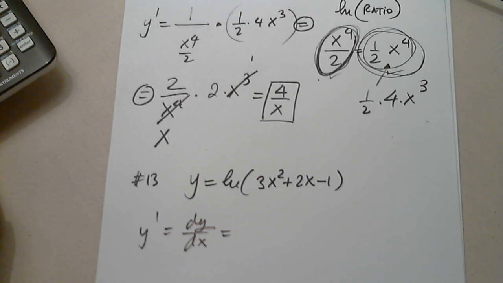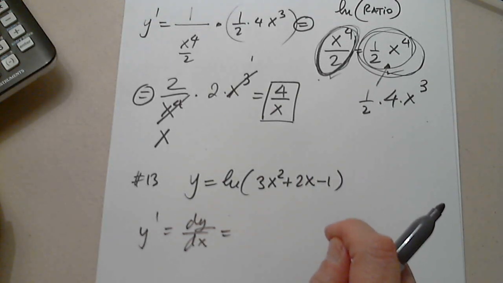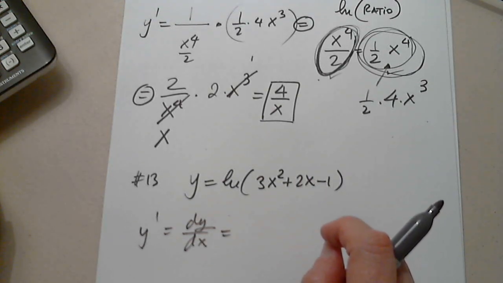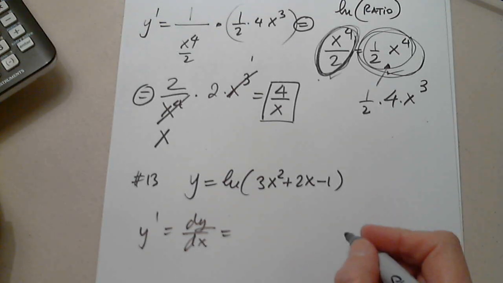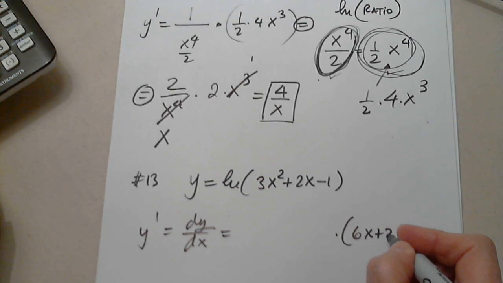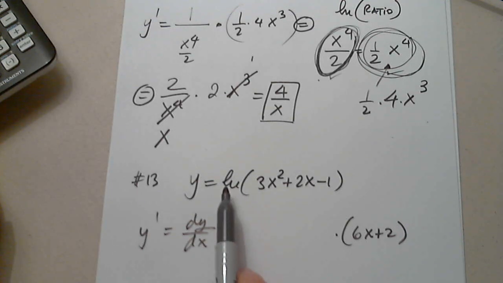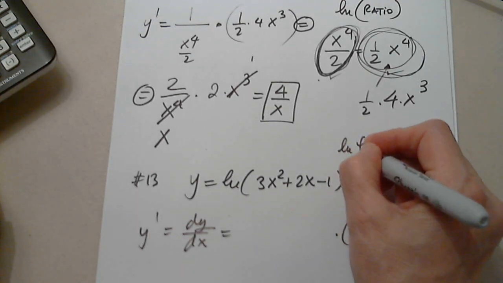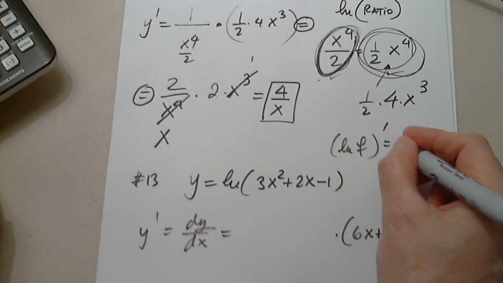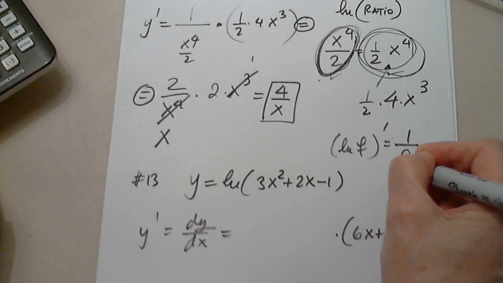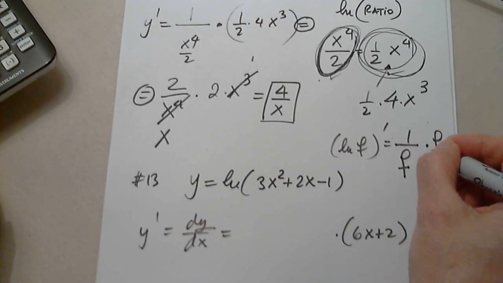Is it like 3x squared plus 2x minus 1 times 6x plus 2? So natural log of a function, prime, is 1 over the function times the function prime.